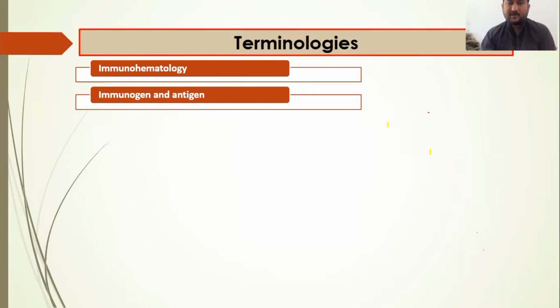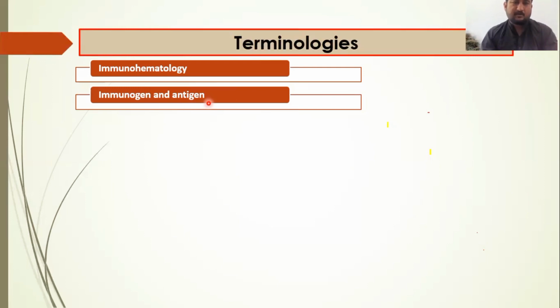Now we explore the antigen. Antigen is a complex molecule whose molecular weight exceeds 10,000 Dalton. Because we are discussing ABO blood grouping, the ABH antigens are glycolipids, okay?